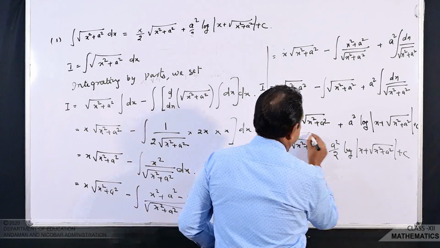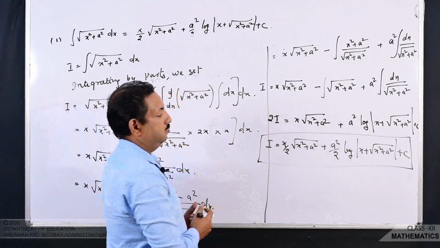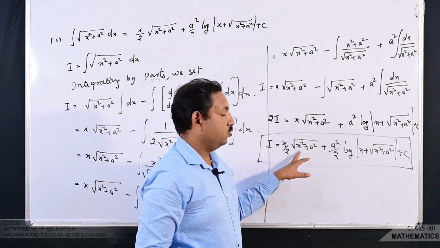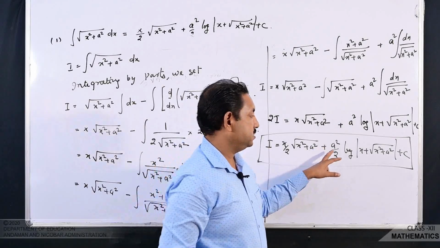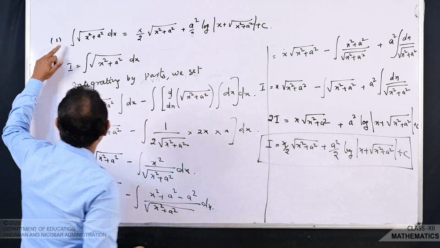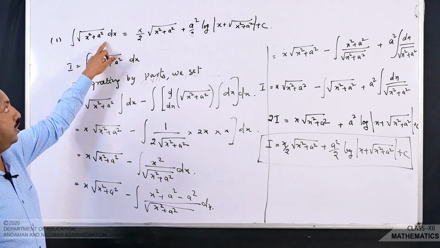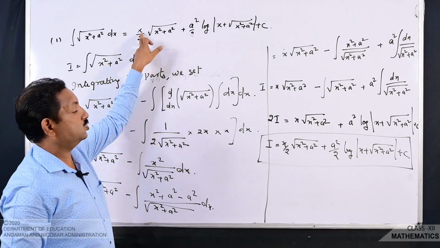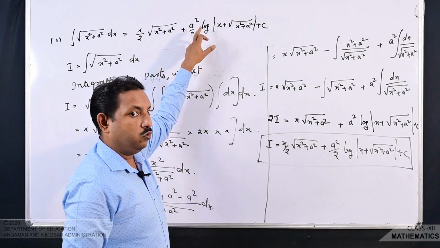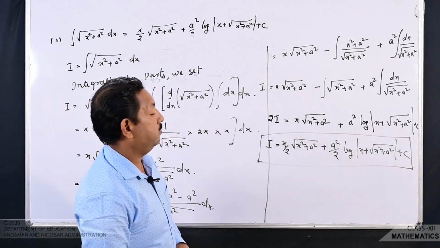So this is the final result, or this is the proof of this result, that is I equal to x by 2 under root of x square plus a square, by 2 log of this one. So look here, the integration of root under x square plus a square dx is given by x by 2 root under x square plus a square, by 2 log of mod x plus root under x square plus a square, plus c.